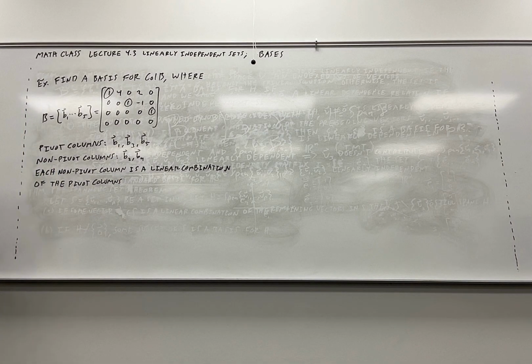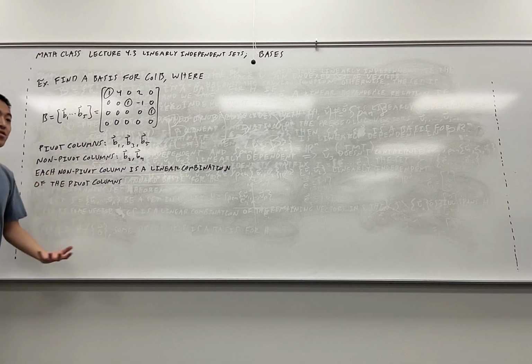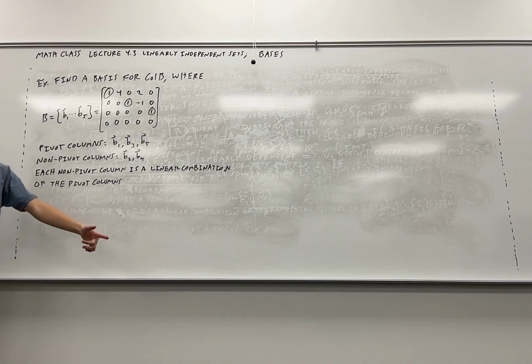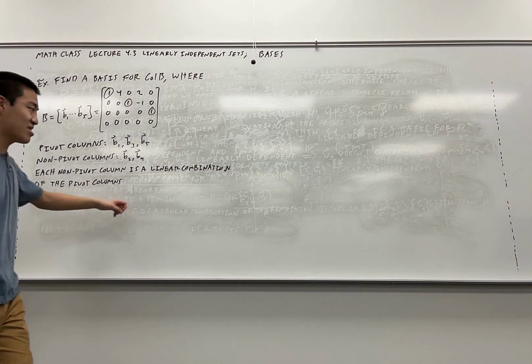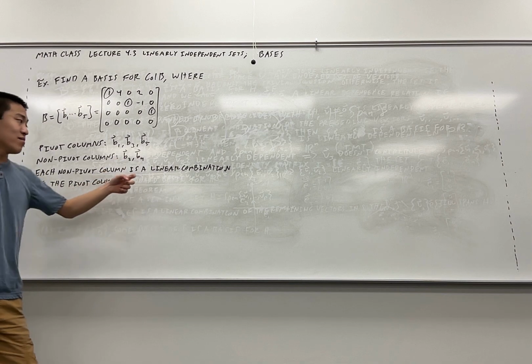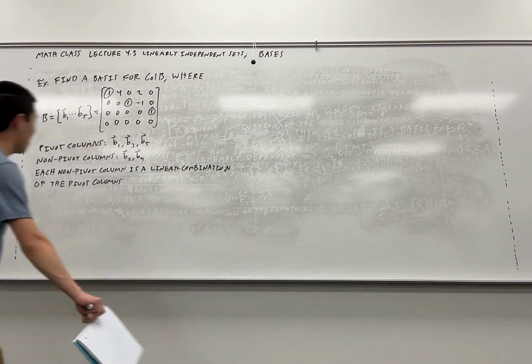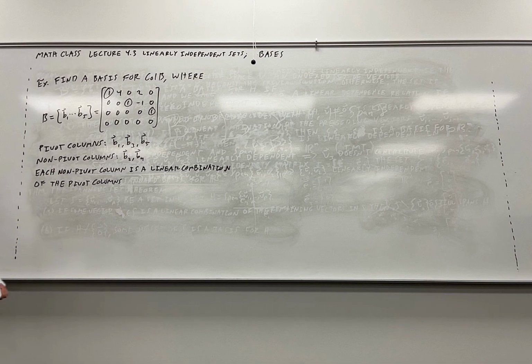Okay, so each non-pivot column is a linear combination. Well, the moment I hear that it's possible to describe certain vectors as a linear combination of the others, my brain says, wait a second, that doesn't sound independent. That sounds pretty dependent to me. If I can take some of my column vectors and express them as some combination of other vectors in that set, that's not contributing anything.